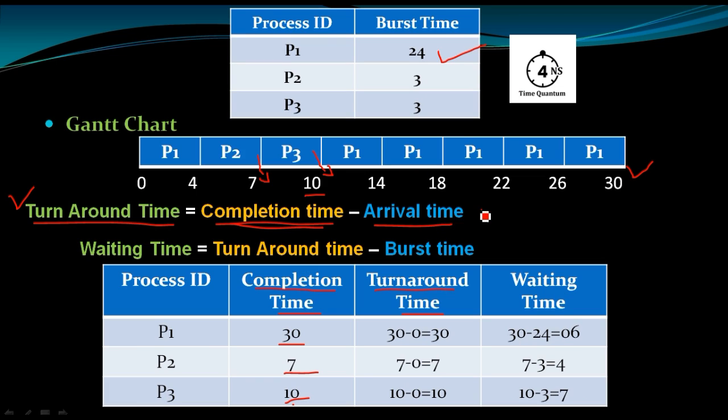The completion times we already have, so just put zeros here as the arrival time of these processes. So 30 minus 0 is 30, 7 minus 0 is 7, and 10 minus 0 is 10, which are the turnaround times of the P1, P2, P3 processes respectively.